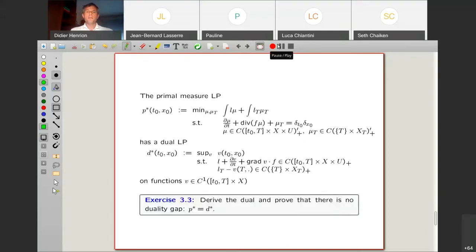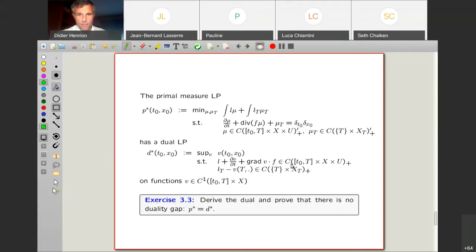As we did already many times, we can use convex duality to derive a dual to this primal measure linear program. It looks like that. It is actually an exercise for you to derive the dual using the Lagrangian and Lagrange dual function, the same strategy already followed twice if you followed the previous courses. And you see there are two constraints corresponding to the two measures here in the primal.